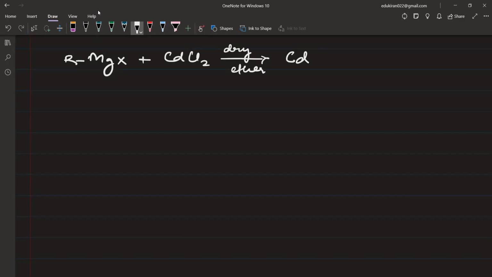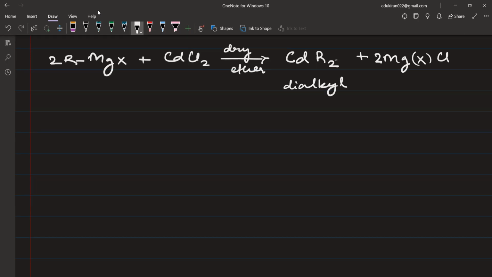It will be CdR2. ठीक है. यहाँ से R जो है, it attacked on the Cd and it became CdR2 plus MgXCl. If you want to balance it, it will be 2 here, and now it is balanced. Or I think you will get 2 Mg here. Okay. So this R group is attached to cadmium and this is known as dialkyl.